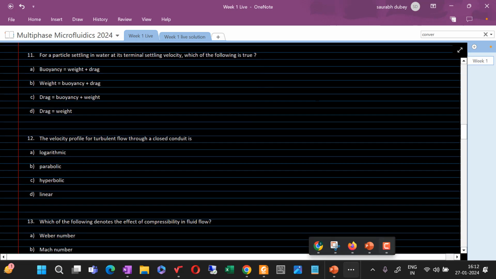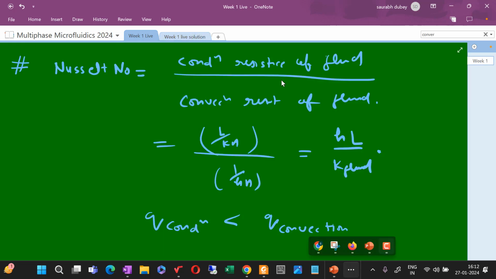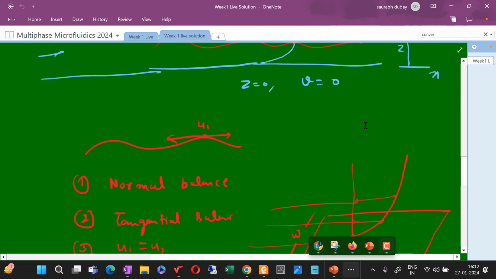And then the 11th one: for a particle settling in water at its terminal settling velocity, which one of the following is true? Maybe this image will clear it up a bit.